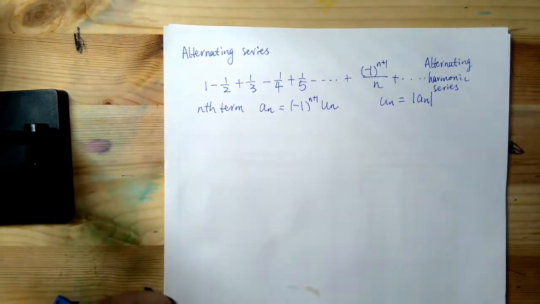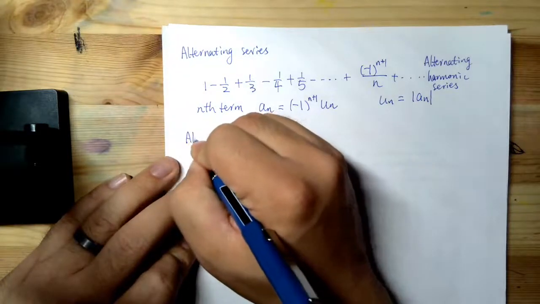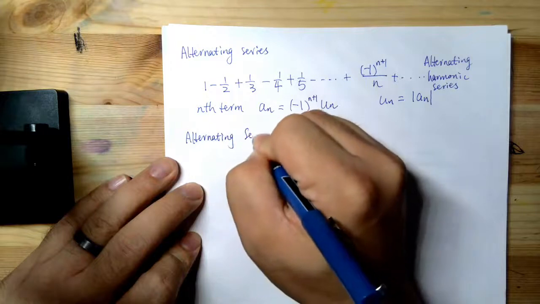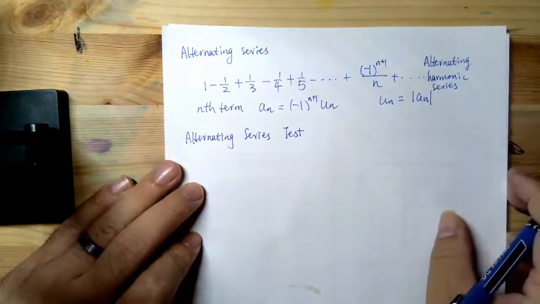So now I'm going to introduce a theorem. It's called the alternating series test. So the test says like this.